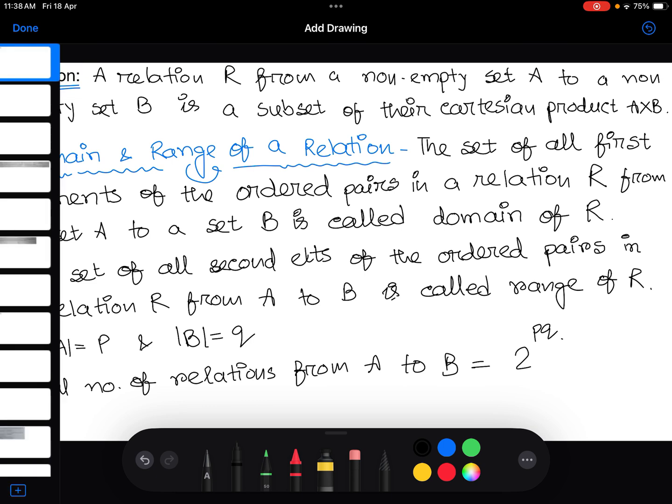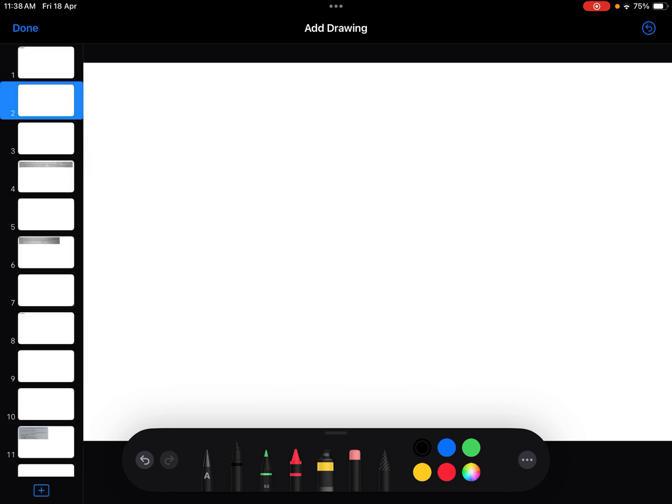Okay, now let's go to the types of relations. For relations, we have different types.